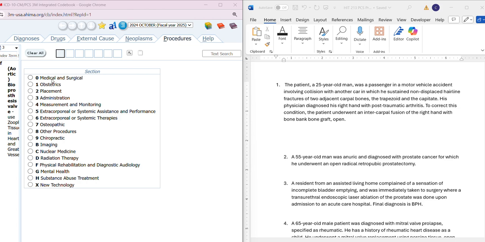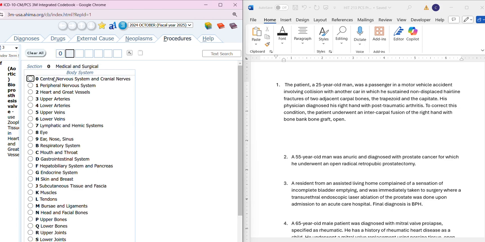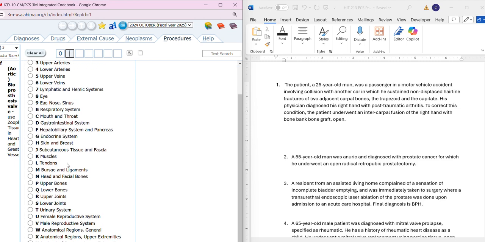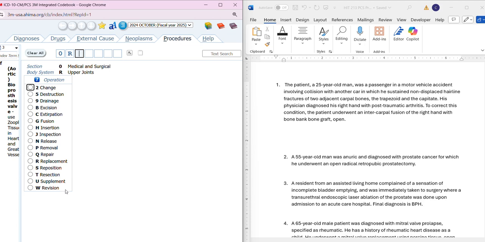So our first character, obviously, is going to be medical surgical, so it's going to be 0. Our next character, since it is his right hand, we're going to do R, which is upper joints.